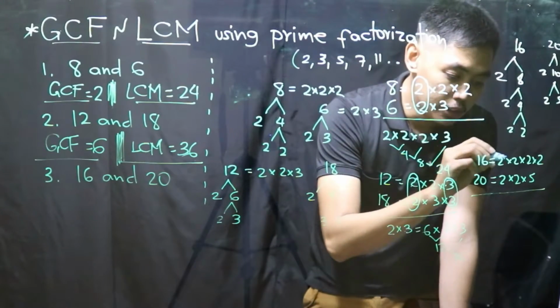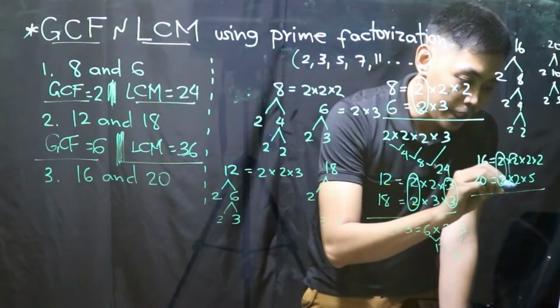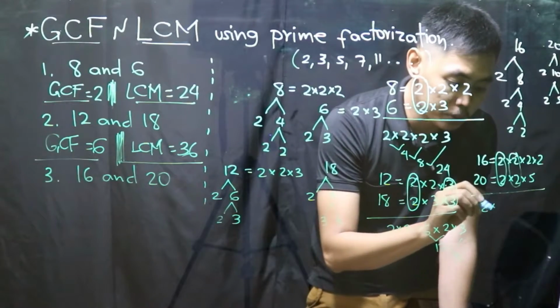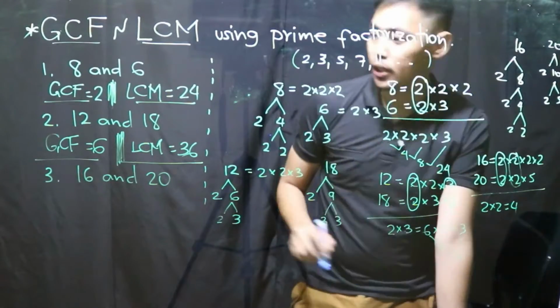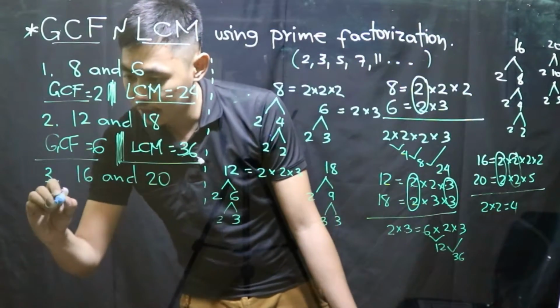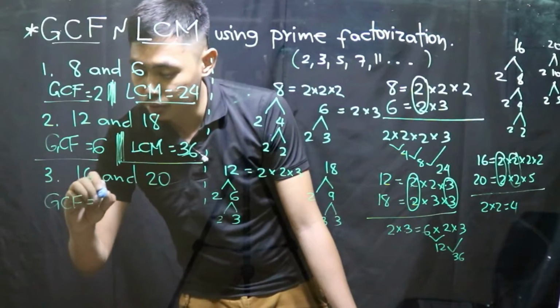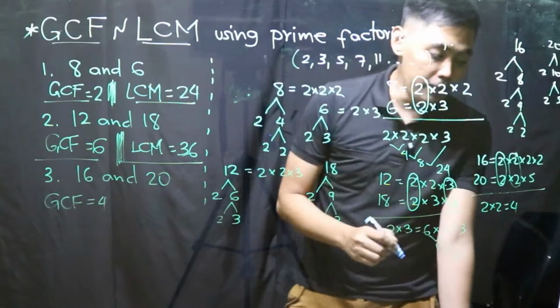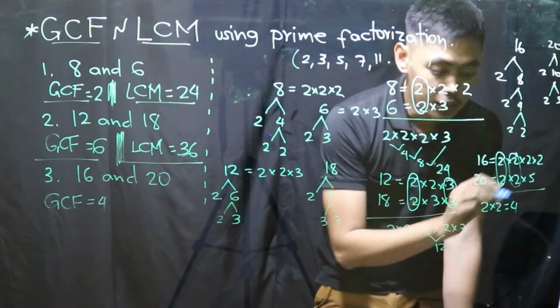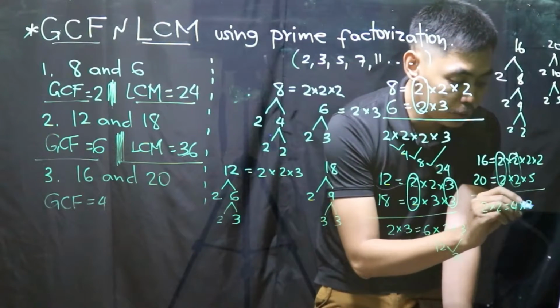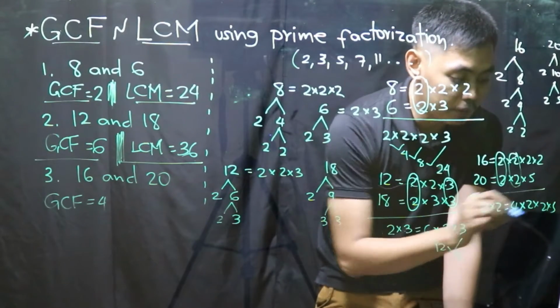Let's pair them again. So, these are the pair. So, we have 2 times 2, which is equal to 4. So, our GCF here is equal to 4. And then, there is a leftover here, right? Multiply that with 4 too. 2 times 2 times 5.